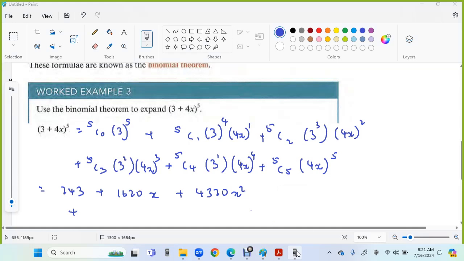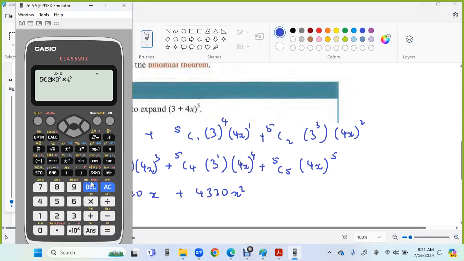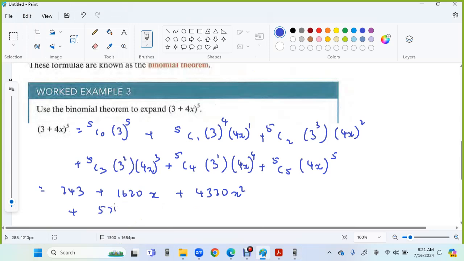And then 5C3, 3 squared, 4 cubed, 5760x cubed.